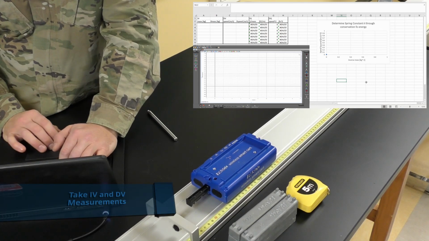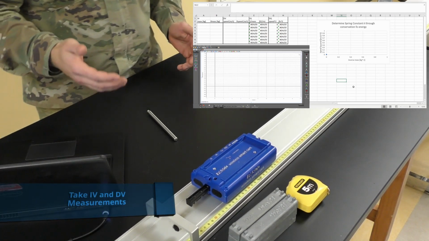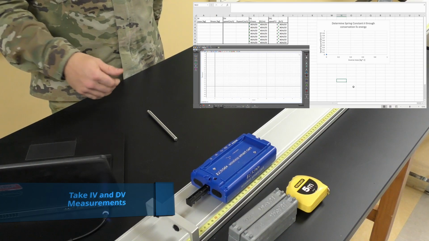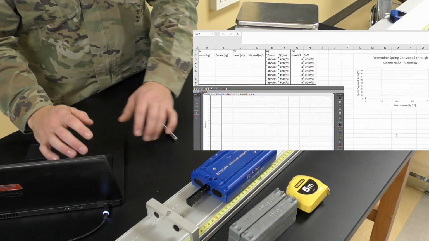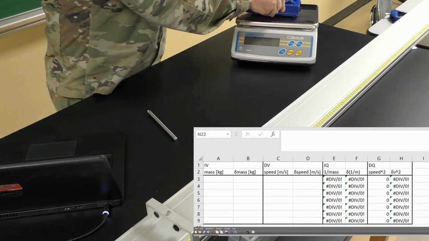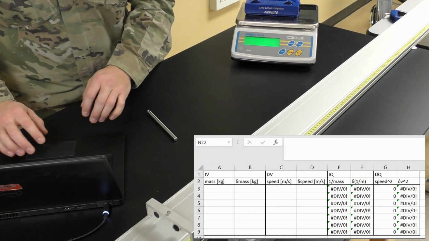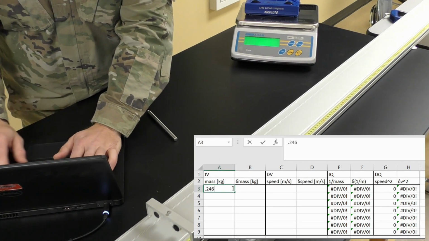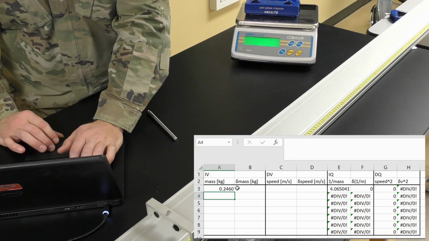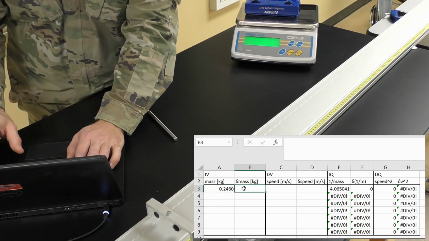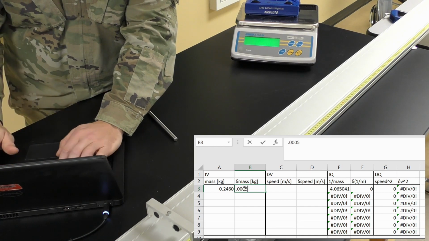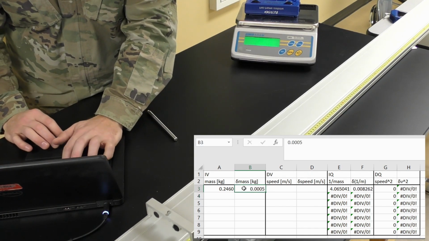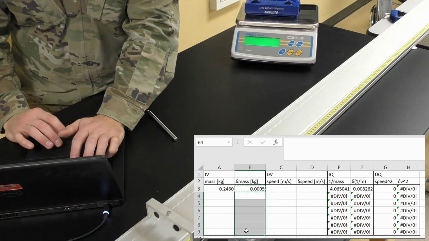All right, so now as I go ahead and take data, the chart is going to populate with the independent and dependent quantities. For my first measurement, the mass is going to be recorded at 246 grams, or 0.2460 kilograms. And the absolute uncertainty associated with my scale is going to be constant throughout the entire experiment, so I'm going to go ahead and fill that all the way down now.